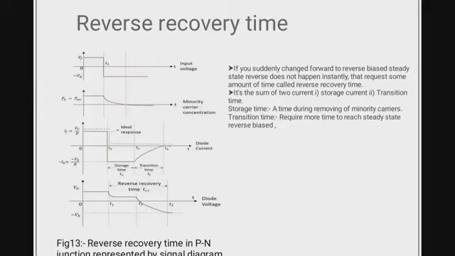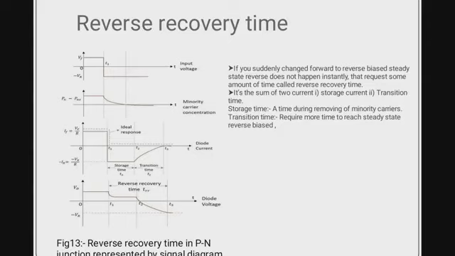Now what is basically happening during the removal of excess charge particles from P side as well as N side, the diode is in conducting state. That means the diode is in the on state. But the excess minority carriers are very large.